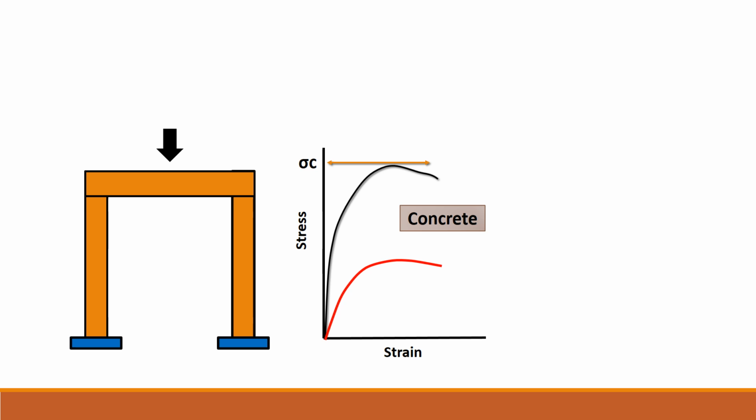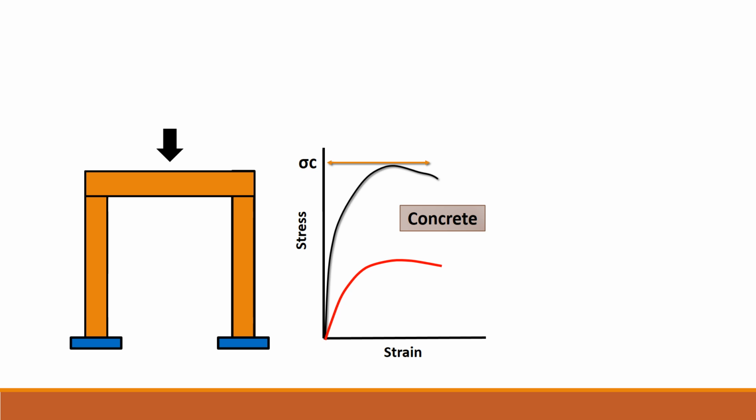Now, we can keep on increasing the strength of concrete to increase the stress bearing properties of the frame. Now, that would mean, number one, that we are using higher amount of cement content.